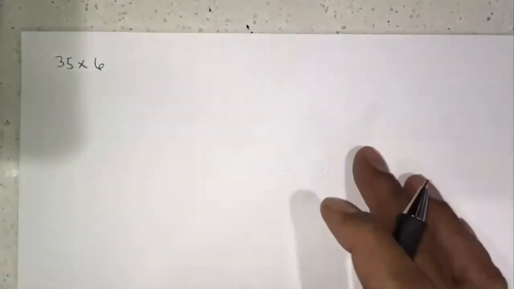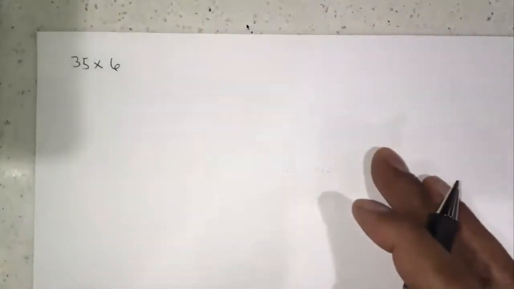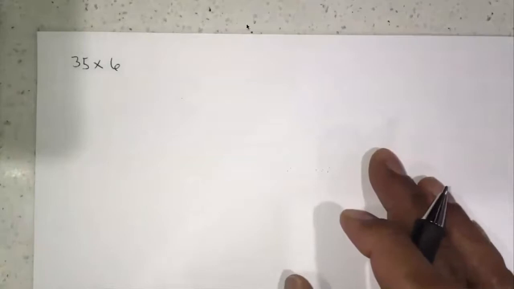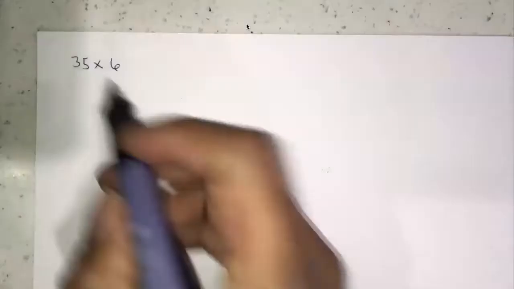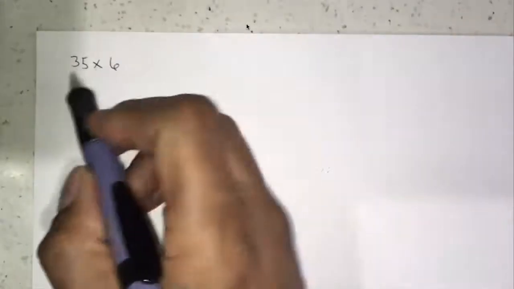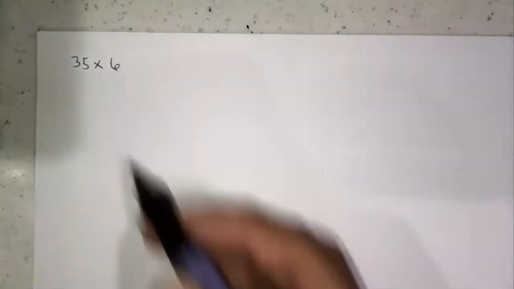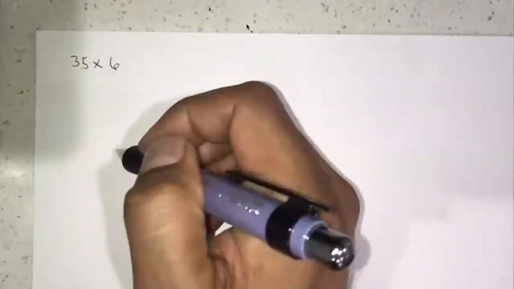Just to brush up on your multiplication, we just practiced how to multiply and how to divide when the numbers are decimals. This time there are no decimals. So 35 times 6. Because I'm not solving an equation, this is just a numerical expression.